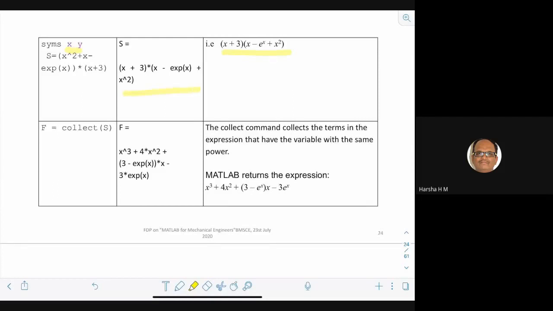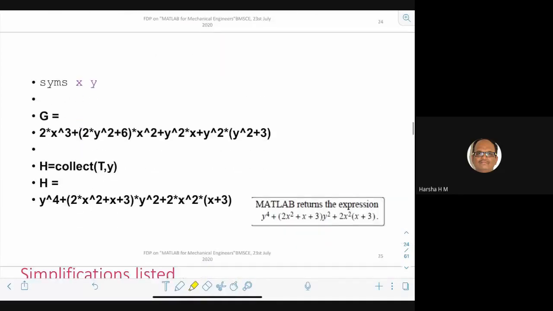But if you say collect, remember the collect command collects the terms in the expression that are variables with the same power. Observe this. It collects and says coefficient of x cubed, coefficient of x squared, coefficient of x, and then the other one is 3e to the power of x. So that way you can look at the collect command also to represent it with coefficients of the particular powers.